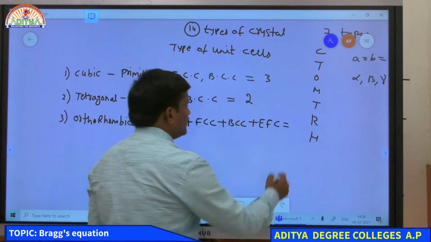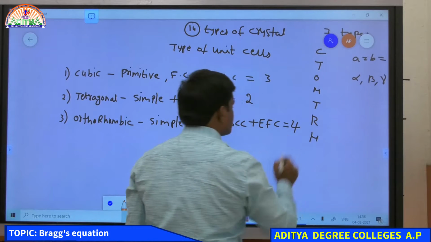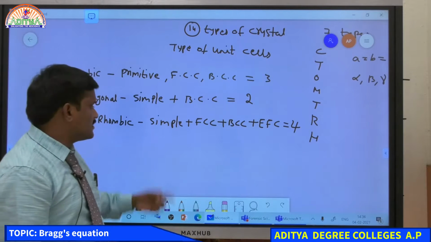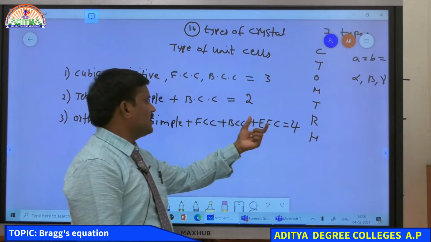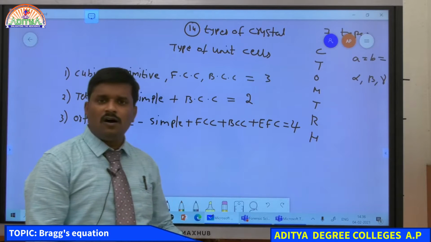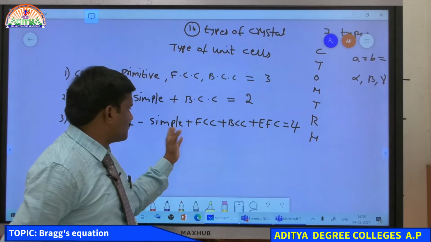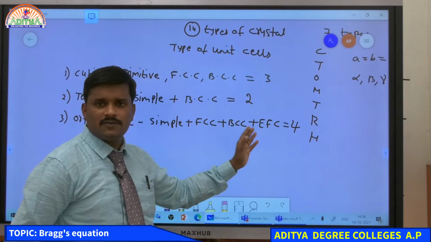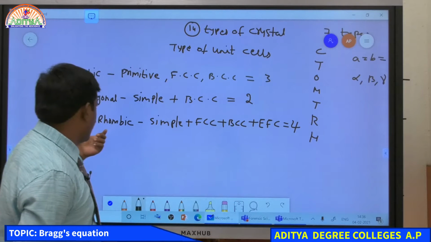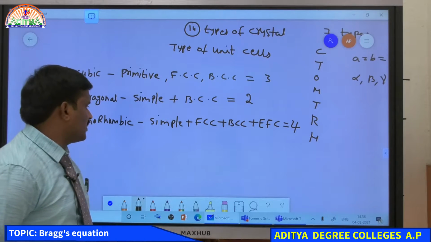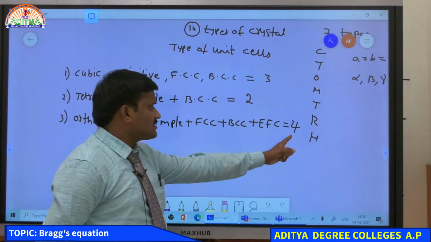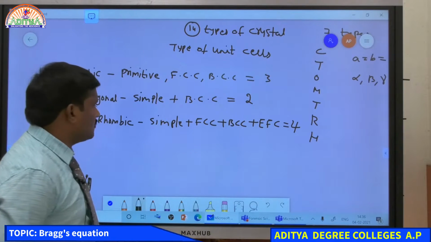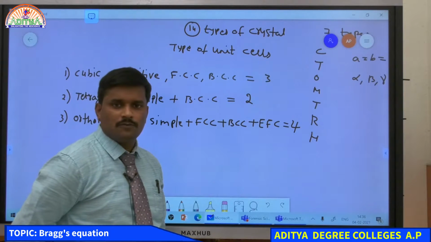That is why the Bravais lattices for this crystal is equal to 4: simple, FCC, BCC, and end face centered. All these unit cells are present in the one and only orthorhombic crystal. Therefore, the Bravais lattices for orthorhombic crystal is equal to 4.